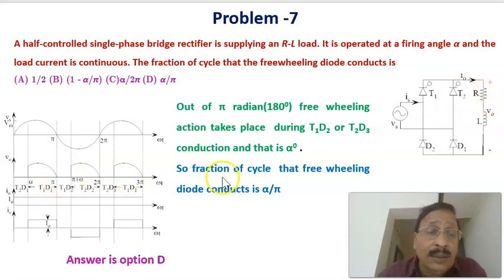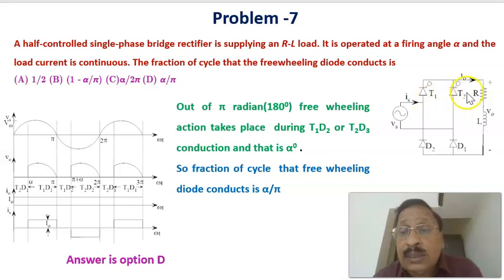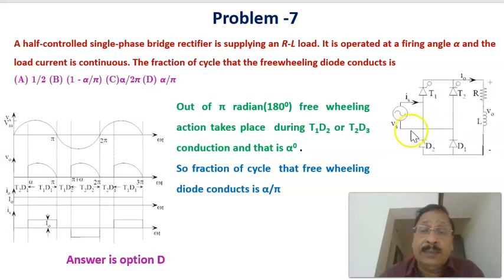Next, at pi plus alpha, T2 is turned on, and T2 and D2 are conducting. In the negative half cycle, the current is again in this direction, and we again get plus. Therefore, this is the output voltage of this single phase half controlled bridge circuit.